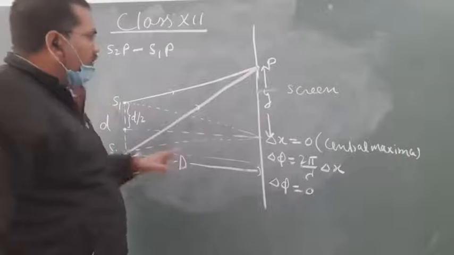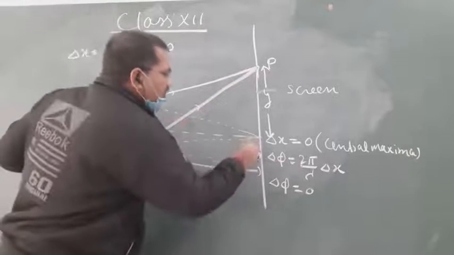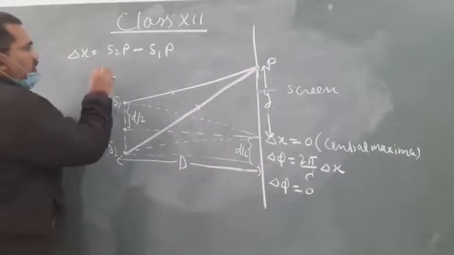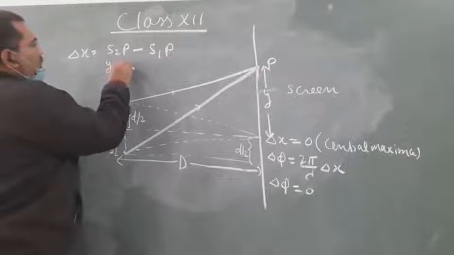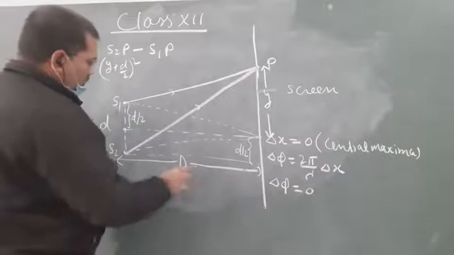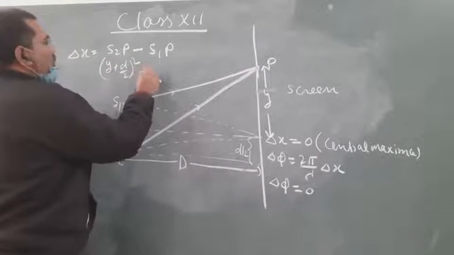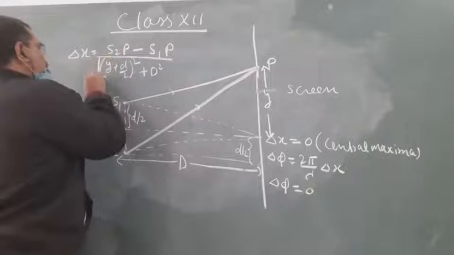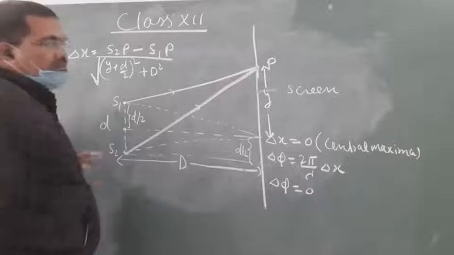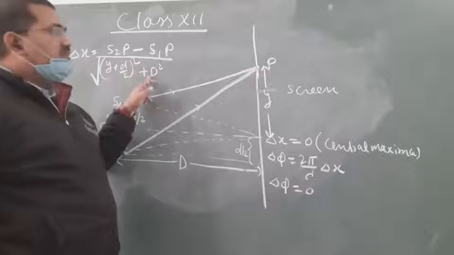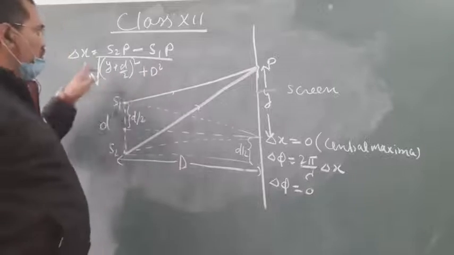S2P will be the square root of y plus d by 2 whole square plus D square. Hypotenuse equals the square root of perpendicular square plus base square.